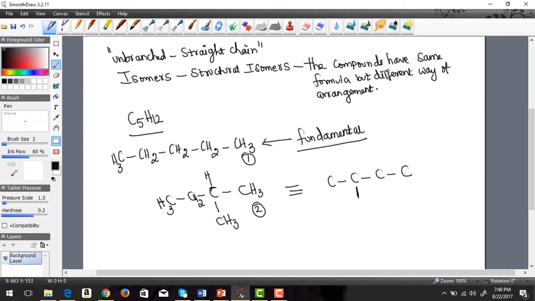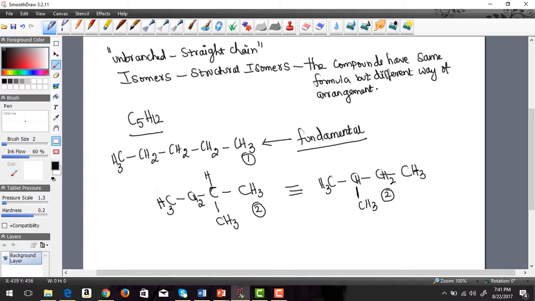So these two are exactly the same, and I am not going to count that as an extra isomer. It would still be 2. We will probably have a classroom discussion on this, but that's what I'm telling you now as I'm teaching. Now we have 2.